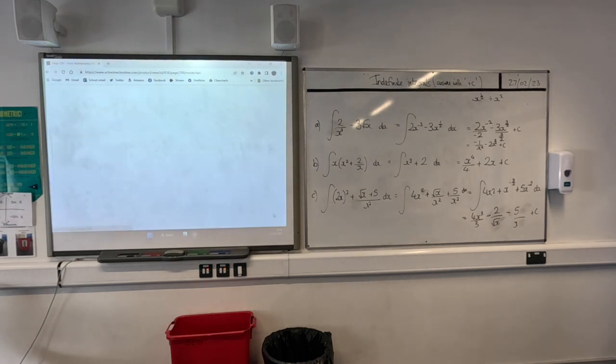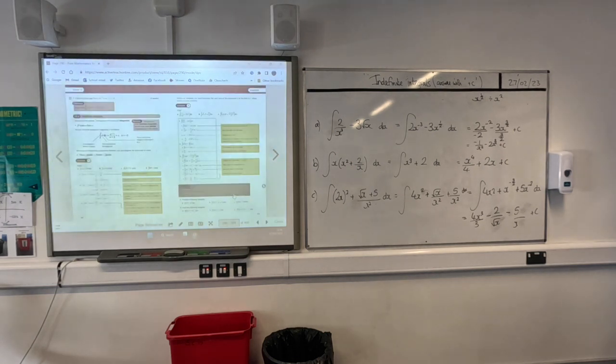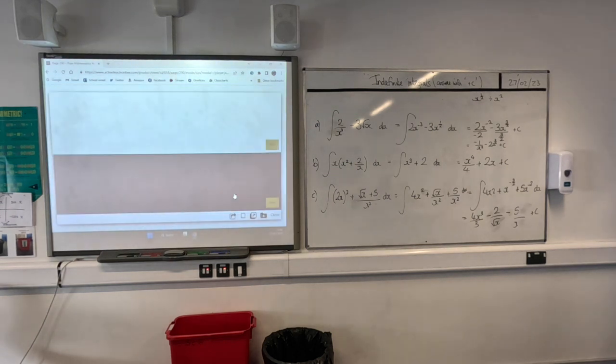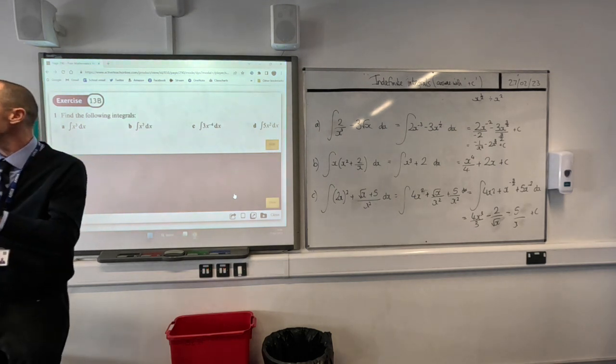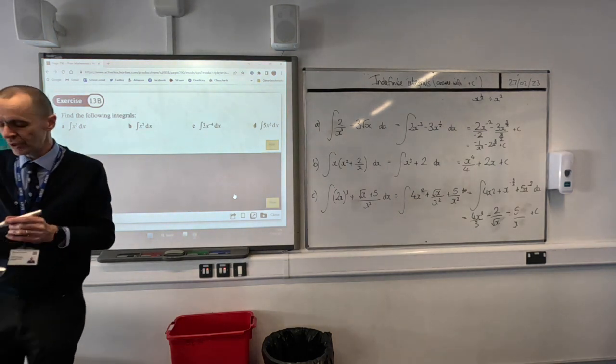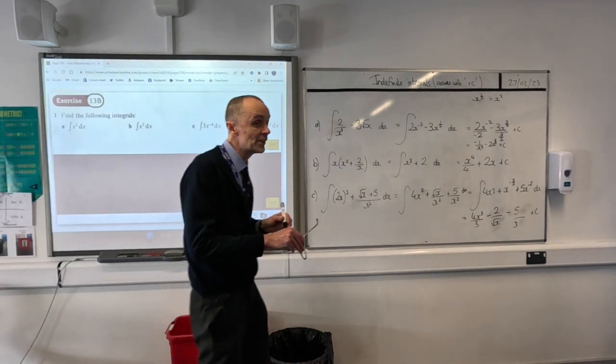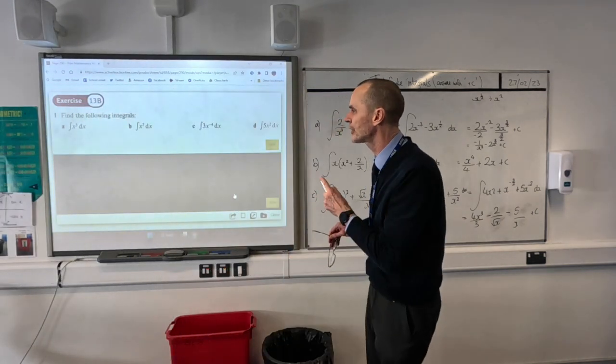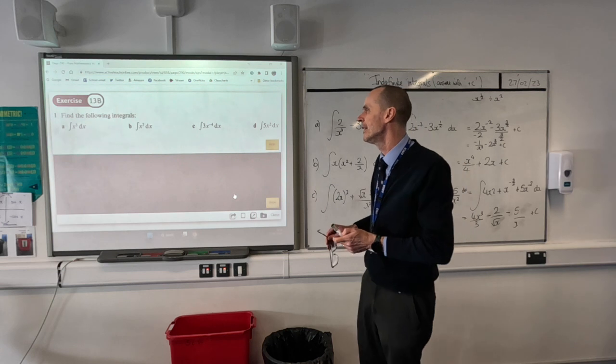So, in the books I've given out, we're on page 291. And this is one of those exercises that gets more difficult as you go through. So page 291, page 292, it's exercise 13b.